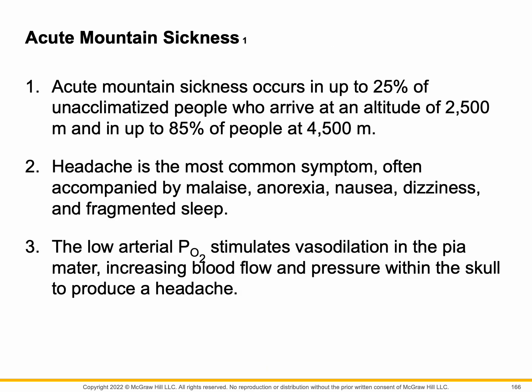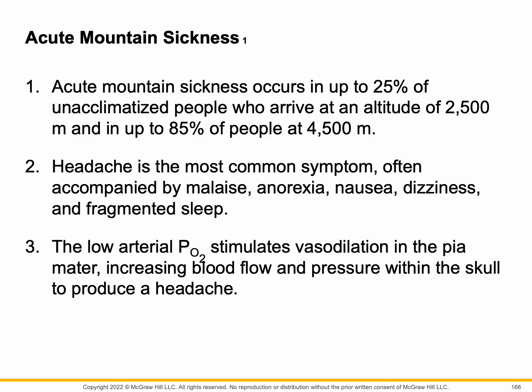So at high altitudes, you can have acute mountain sickness, which occurs in up to 25% of unacclimatized people who arrive at an altitude of 2,500 meters, and in up to 85% of people that arrive at 4,500 meters. This includes headaches, which is a common symptom, often accompanied by malaise, anorexia, nausea, dizziness, and fragmented sleep.